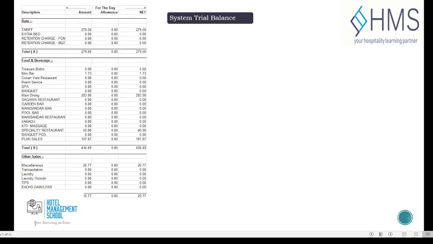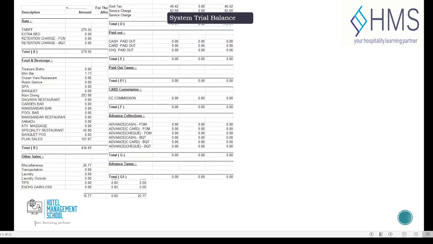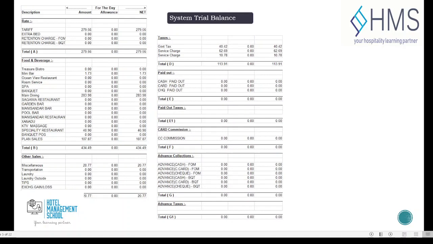Then the basis of everything in hotels starts with the trial balance, right? Every day there is a trial balance which is generated, and it does look like this most of the time. It has mainly two parts. One is the revenue, which is rates, food and beverage sales, taxes, and paid outs.